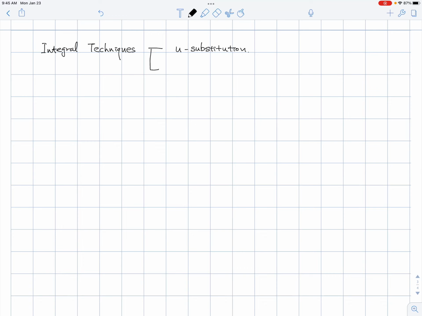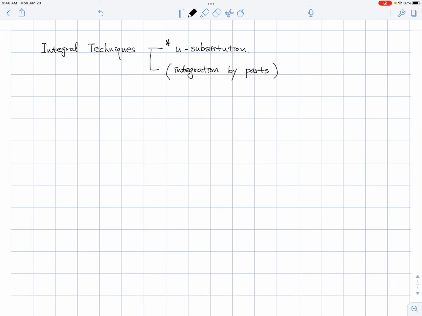In Calc 2, you also learned how to do integration by parts. But I will leave this for yourself because I will try to avoid integrals that require the technique of integration by parts. So we'll mainly focus on u-substitution.